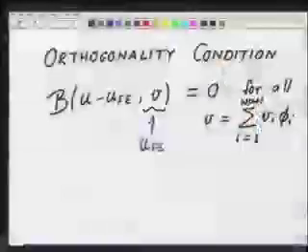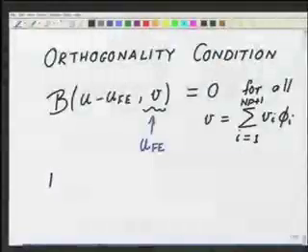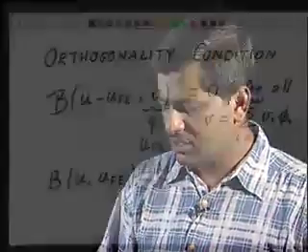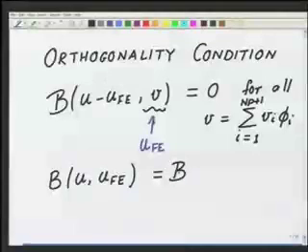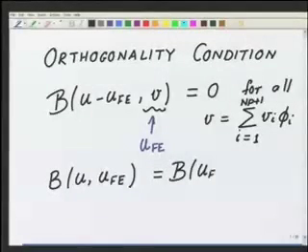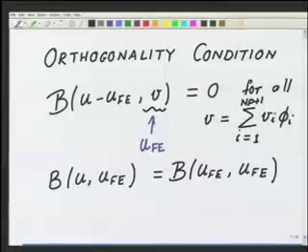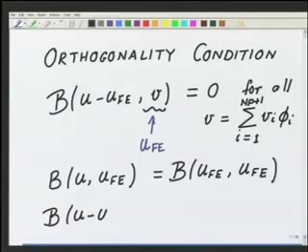So from this condition, we reached the conclusion that (u, u_fe) is equal to b(u_fe, u_fe). So now we are going to use it for determining what is b(u - u_fe, u - u_fe) equal to.